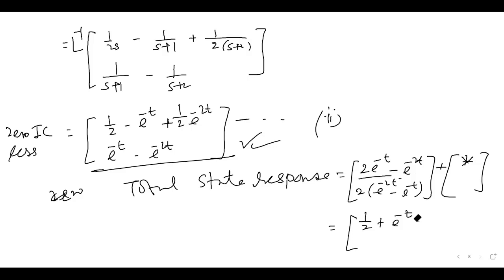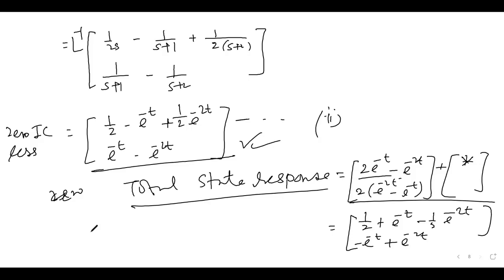This one is minus half e to the power minus 2t, and addition of these two, so it will be e to the power minus t plus e to the power minus 2t. Okay, this matrix addition with this matrix, so we can calculate 2 e to the power minus 2t minus e to the power minus 2t, and 2 e to the power minus t and plus 2 e to the power minus 2t. This is the total state response.